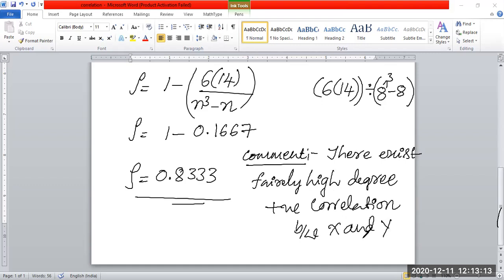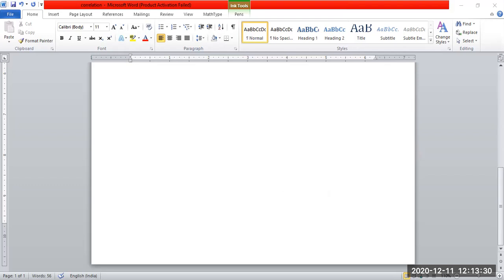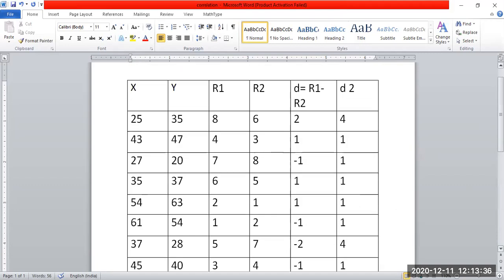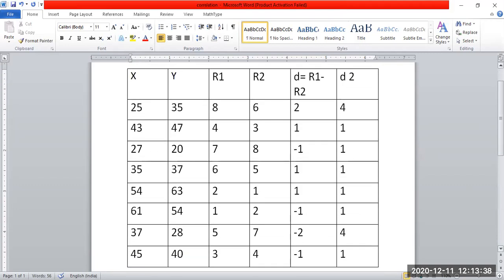Yes, comment. There exists fairly high degree positive correlation between x and y. Yes, this is the first problem for Spearman rank correlation coefficient, without ties.